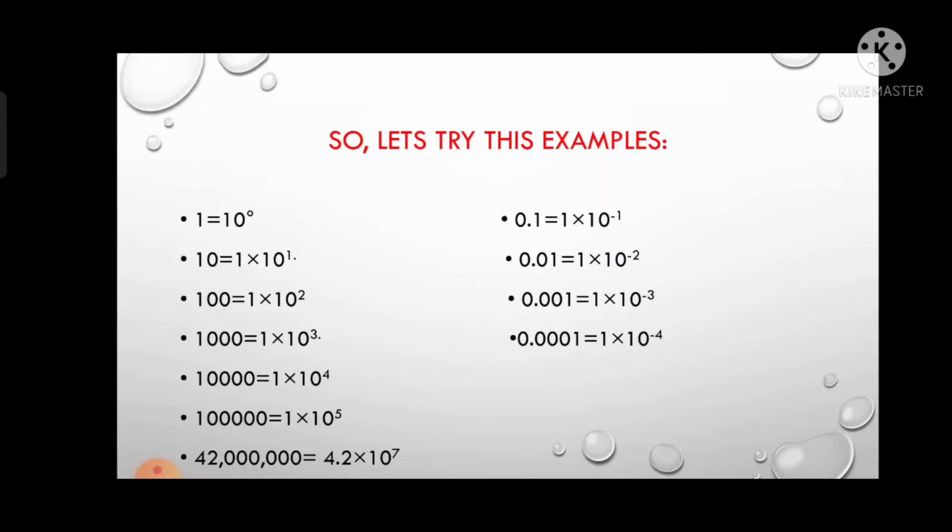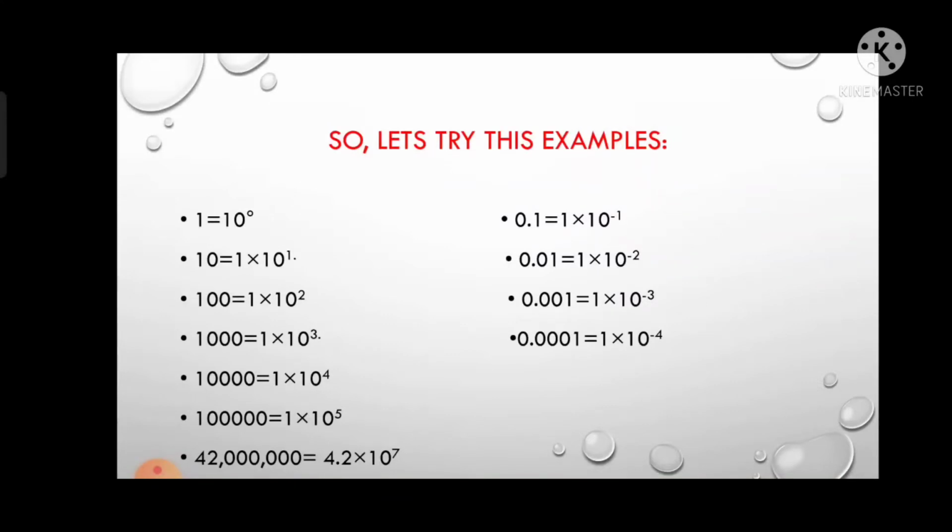And then 1000 is equal to 1 times 10 to the power of 3. 10,000 is equal to 1 times 10 to the power of 4. And then 100,000 is equal to 1 times 10 to the power of 5. And then 42,000,000 is equal to 4.2 times 10 to the power of 7.